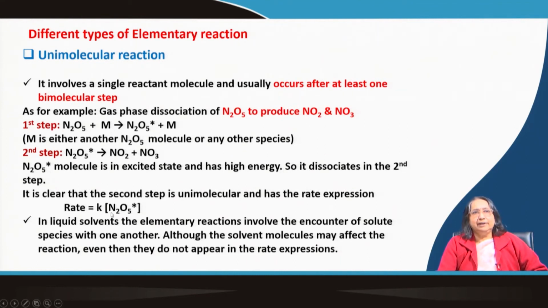But in liquid solvents, the elementary reaction involves the encounter of solute species with one another. So, in a solvent system, two ions or two molecules can encounter. Although the solvent molecule may sometimes affect the reaction, we have learnt that when it is a solvent molecule, it will not come in the rate expression. So, accordingly you have to write the rate expression.